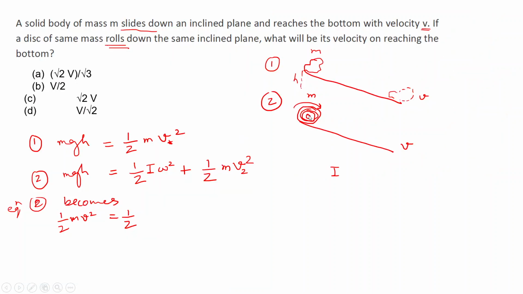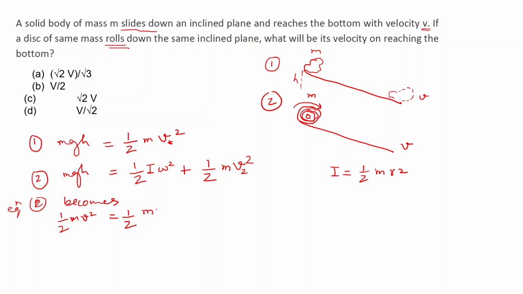Here also the body is rolling and the axis of rotation is through the center, right? So the same formula we'll use. The value here will be half mr square.